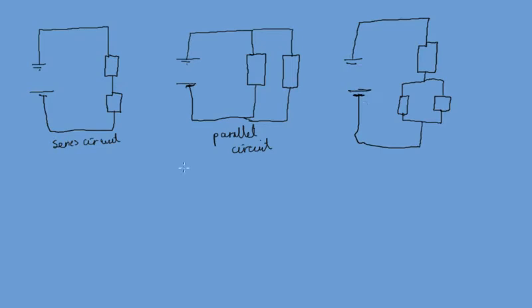There we go. So when we're considering how the voltage and the current act in these types of circuit, we'd have to look at them all separately. So we're going to look at the series circuit first.